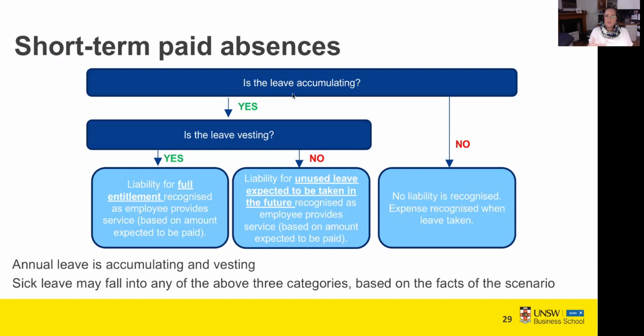In other words, can any unused leave this year be carried forward to next year? If the answer to that question is no, then straight away I know that I am not going to recognise a liability for any unused leave. I am simply going to recognise an expense as the employee takes the leave, but I will not recognise a liability for anything to carry forward.